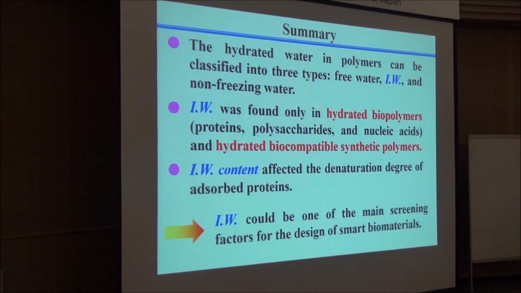If we prepare hydrated biopolymer or biomolecule systems, intermediate water content affects the denaturation degree of soft protein. So intermediate water could be one of the main screening factors for the design of smart biomaterials. Already, many companies accept this concept and have commercialized many materials.